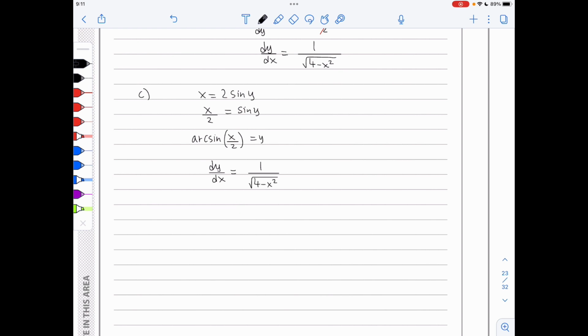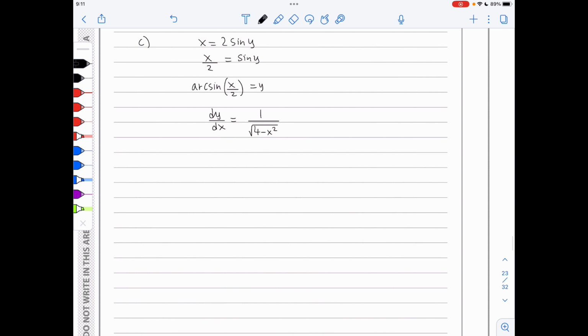So I will use the fact that y is pi over 4 to find x and dy dx. So when y is pi over 4, x is 2 sine of pi over 4, which turns out to be root 2, and dy dx is 1 over root of 4 minus root 2 squared, which gives me root 2 over 2.